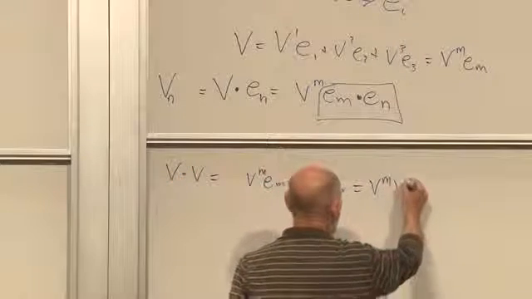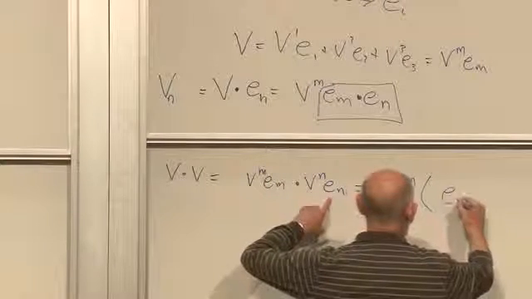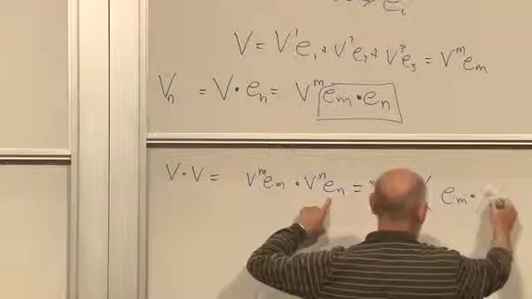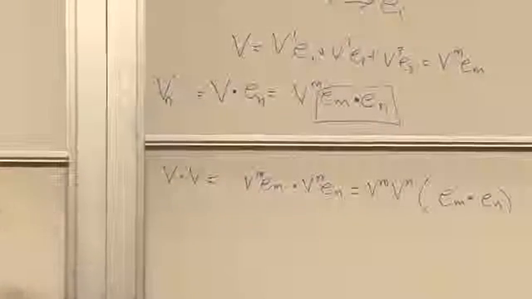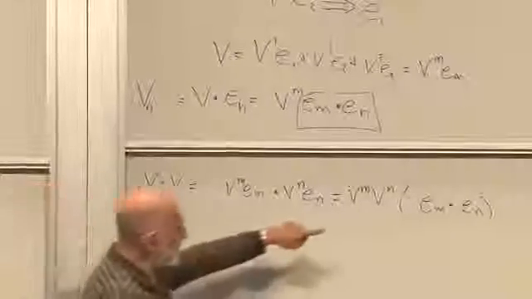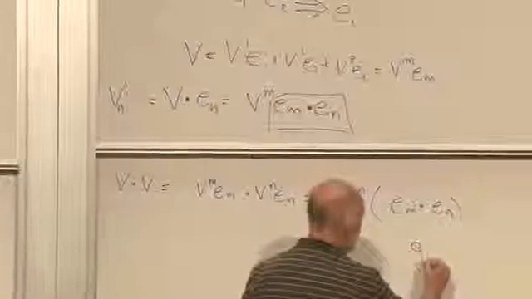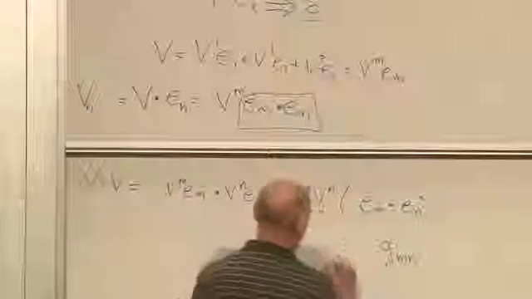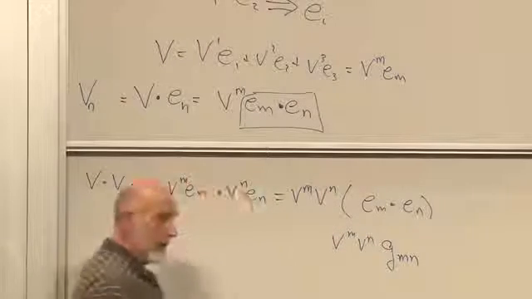But now I can write this in the form Vm Vn times the quantity Em dot En. Let's call this quantity Em dot En, let's call it Gmn. And now we have a formula Vm Vn Gmn.